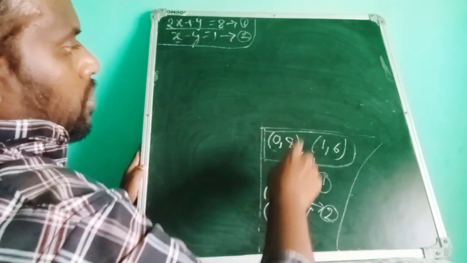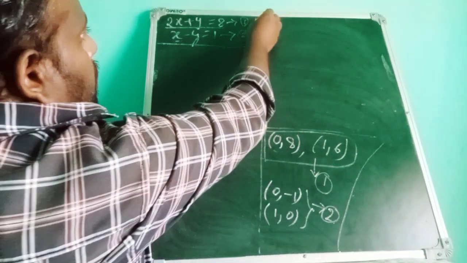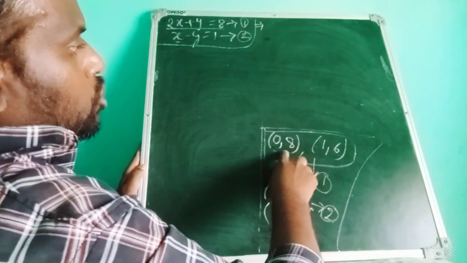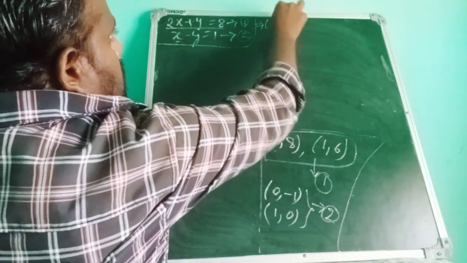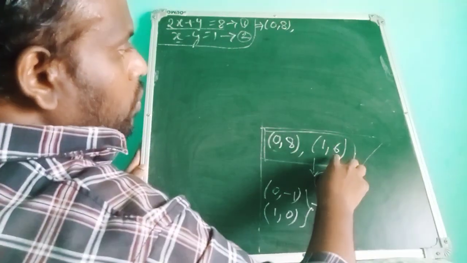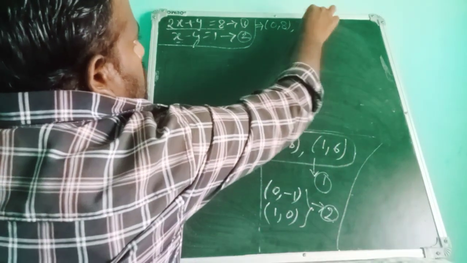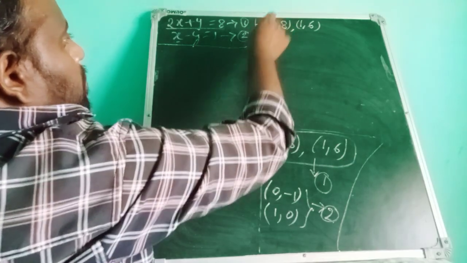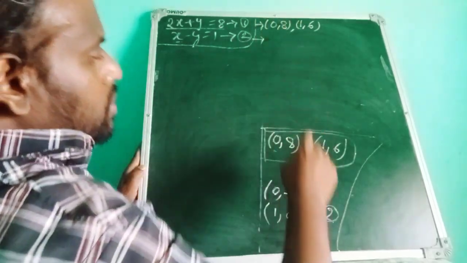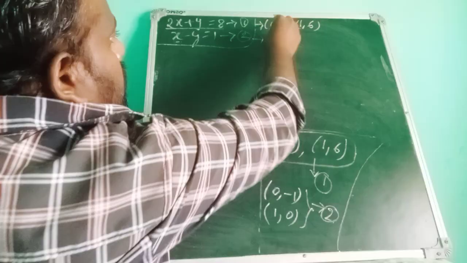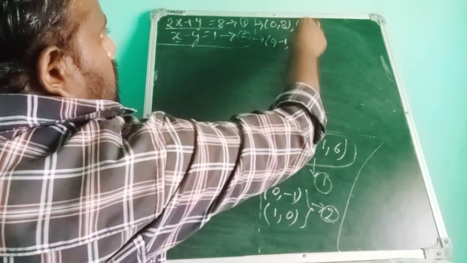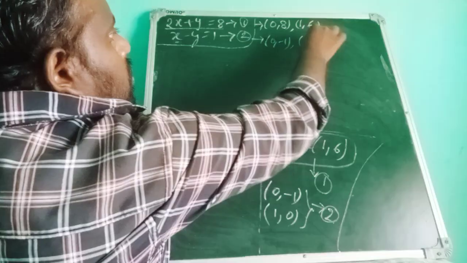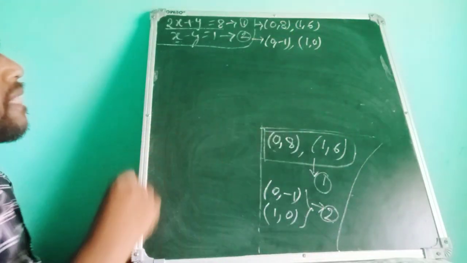Okay, points for equation 1 I will write here. It will be very nice. 0 comma 8, 1 comma 6. So for equation 2, 0 comma minus 1, 1 comma 0.